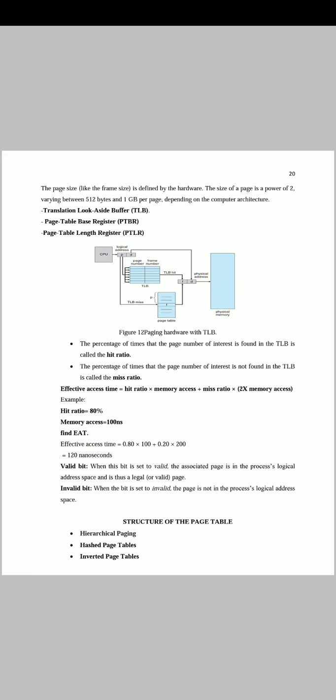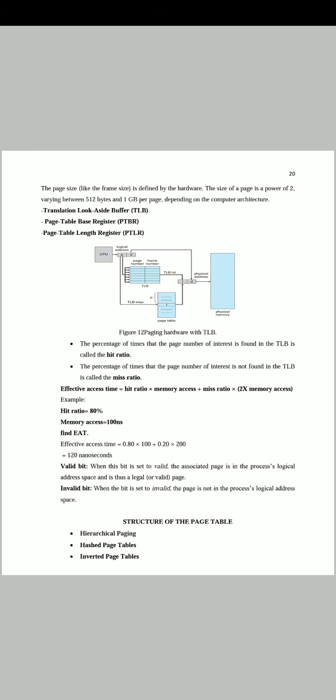The page size is defined by the hardware. The page size can be varied, as I said earlier, depending on the requirement of the hardware. This is defined by the computer hardware. The size of a page is a power of 2.